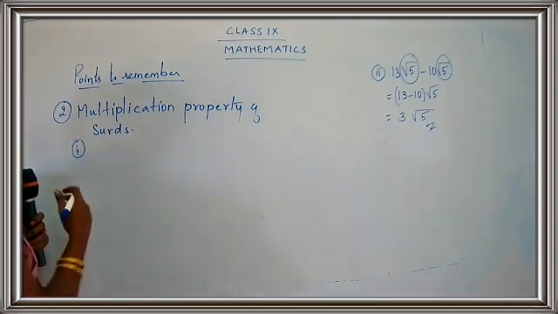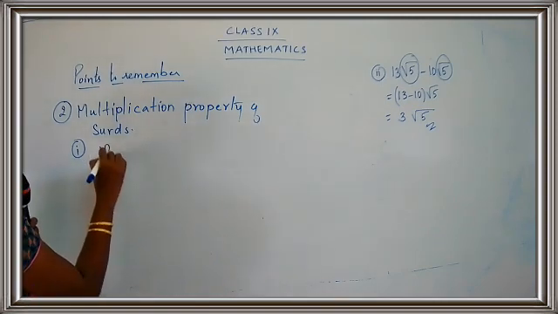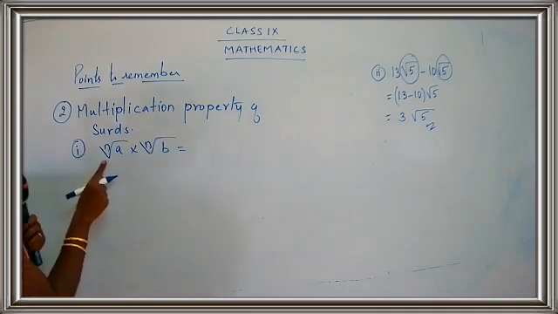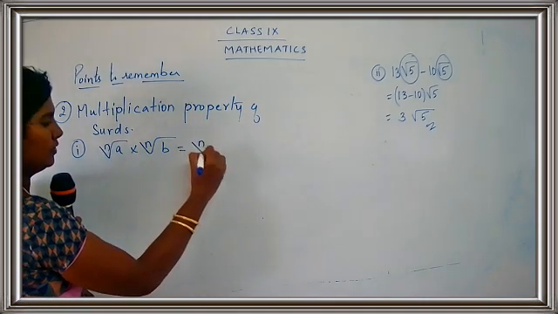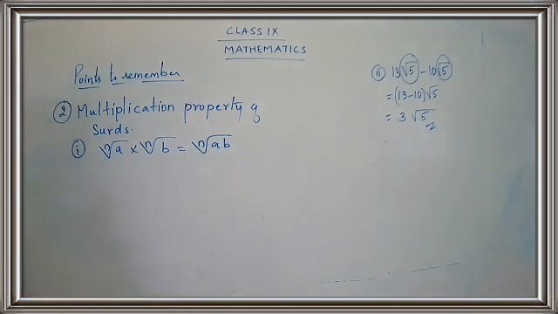So under multiplication you have two properties. Nth root of A into nth root of B is equal to nth root of AB. So what is the first property that you have to use? Nth root of A into nth root of B is equal to nth root of AB.